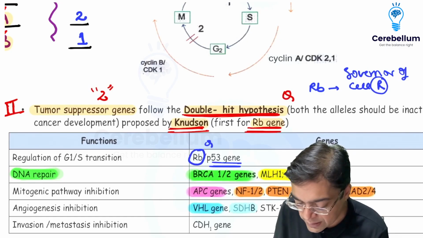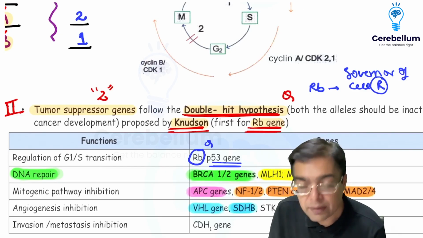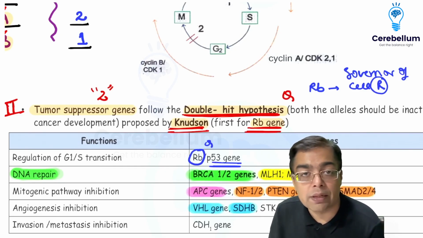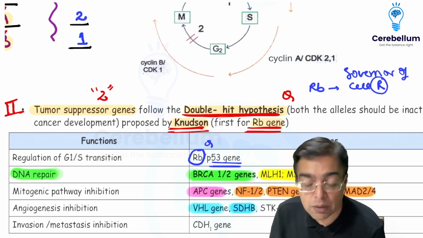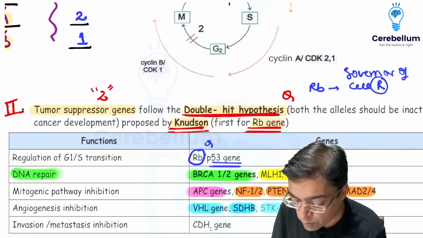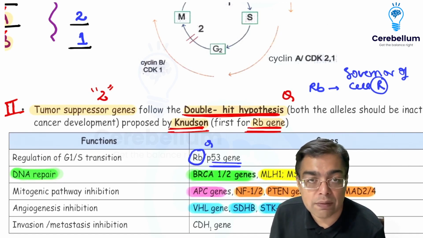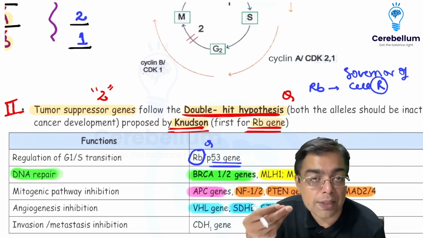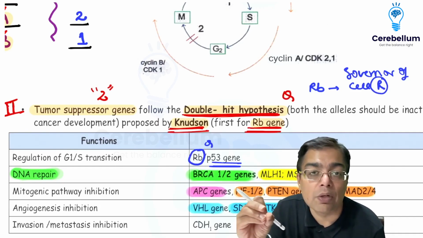Similarly, SDHB, that is the succinate dehydrogenase gene, again an example of a gene that you need to remember. The succinate dehydrogenase is also involved in a patient who is going to be suffering from GIST tumor, right? Also associated with pheochromocytoma. And we are having a gene that is associated with polyp formation, STK11, serine threonine kinase 11. So when we are going to be talking about each of these subsequently, that's a statement that is going to be given to you in the exam.